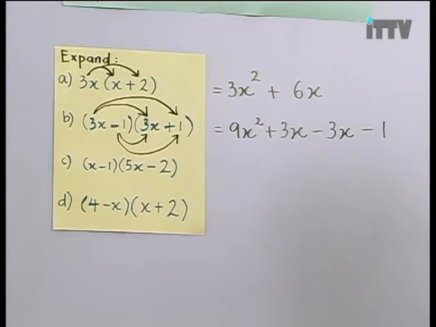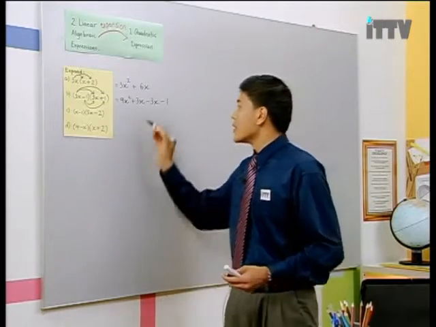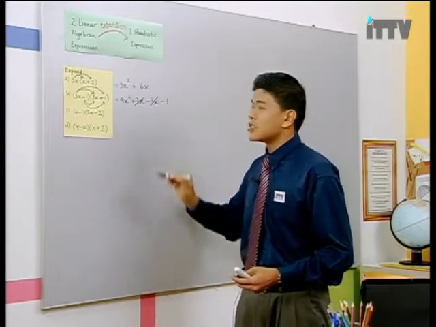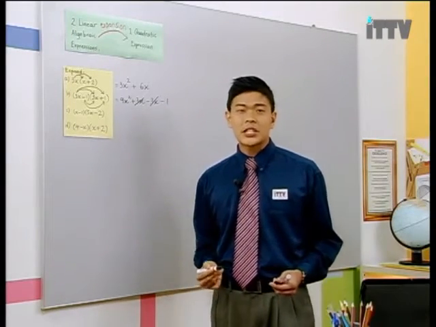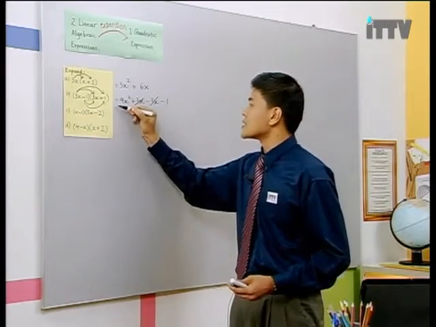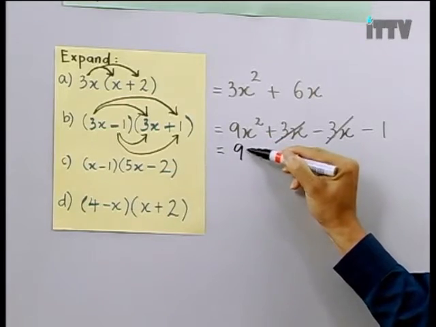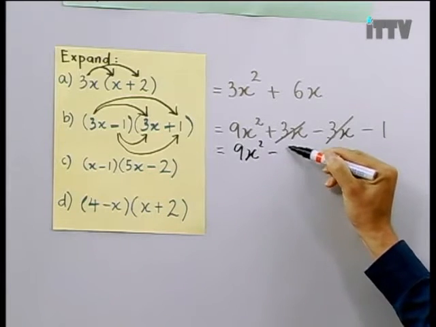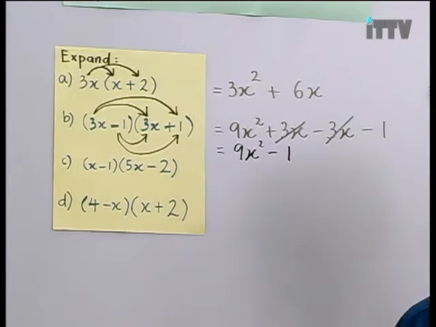And then simplify the expression if you can. So 3x minus 3x is 0. So the quadratic expression that is formed from these two linear expressions is 9x squared minus 1.